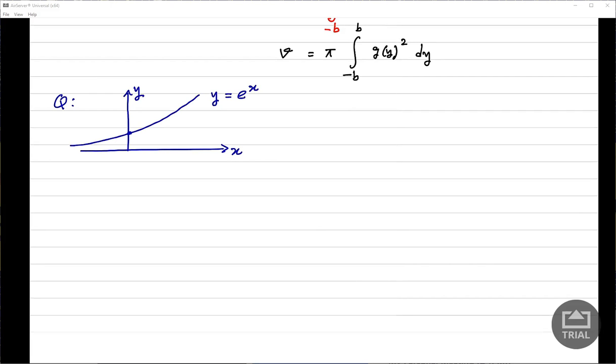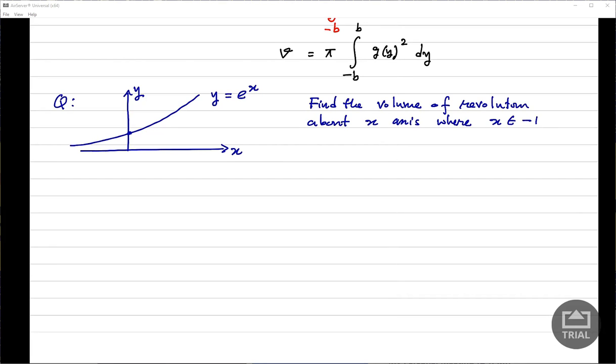Find the volume of revolution about the x-axis, where x is between -1 and 1.